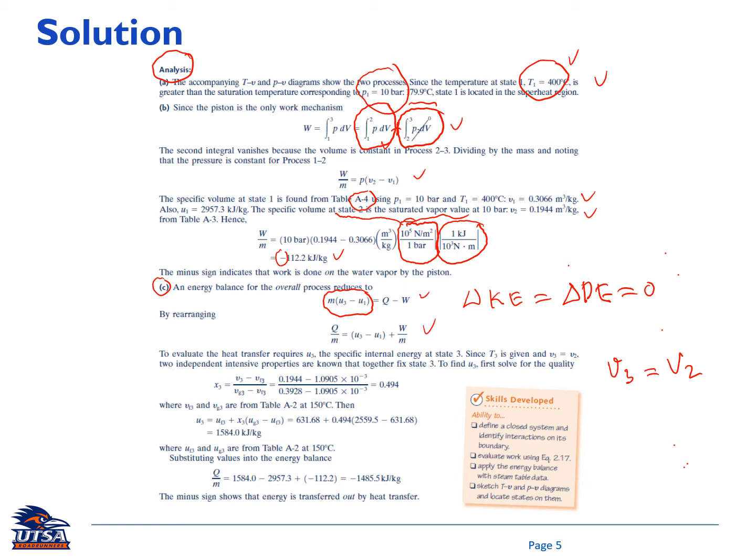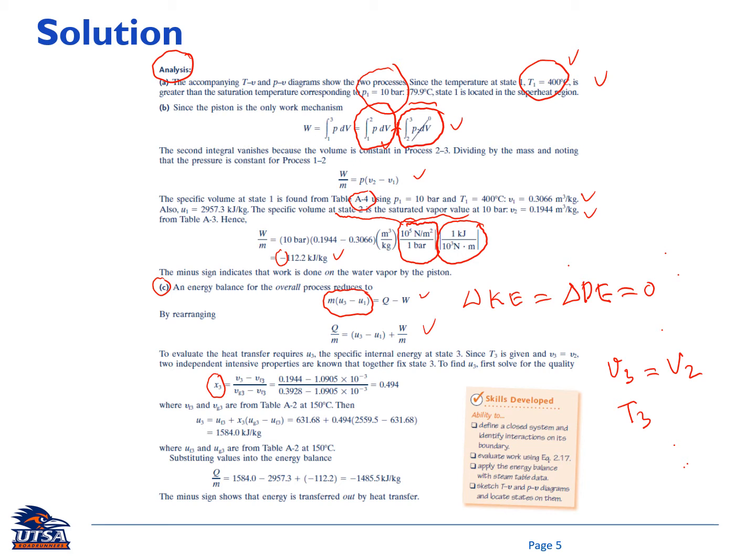Another property that we know at state 3 is T3. To fix the state at point 3, we need to know the quality of the mixture at state 3.